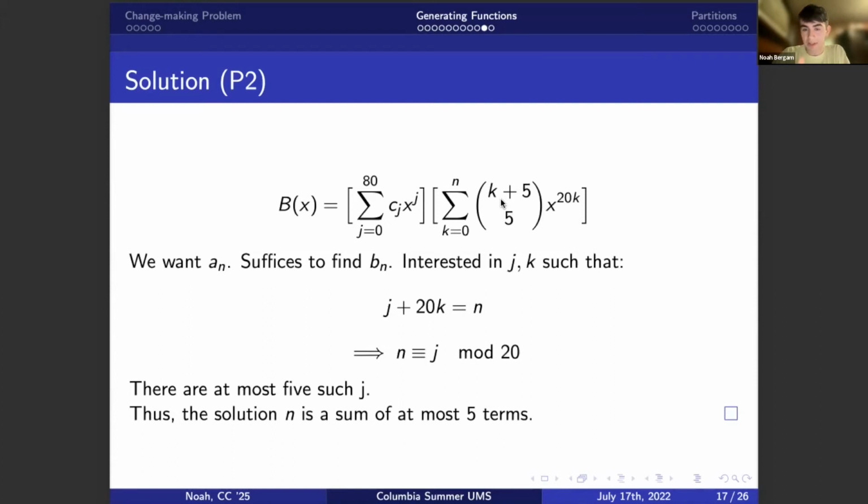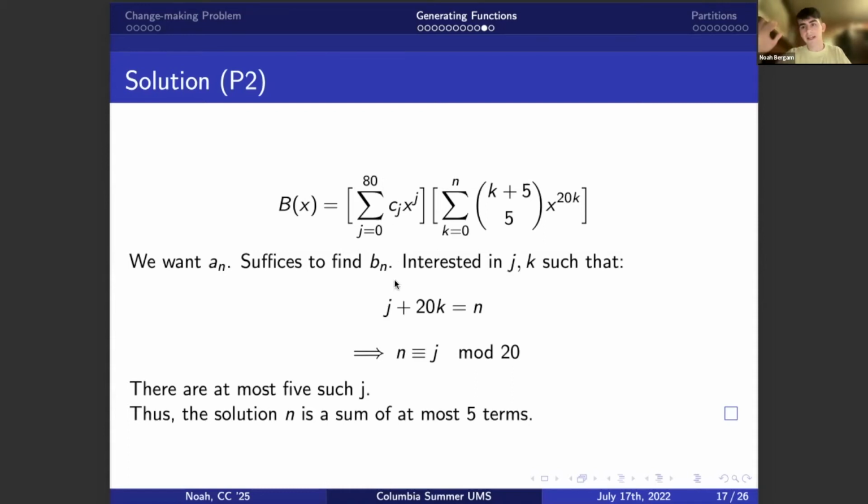But what's interesting, and this is something that if you read the textbook, they're not going to explain to you explicitly. It took me a while of banging my head against this to understand. If you really look at this expression, what it's telling you, at least in terms of modular arithmetic, is that n is congruent to j mod 20. And what's important to note is that j ranges from 0 to 81, right?